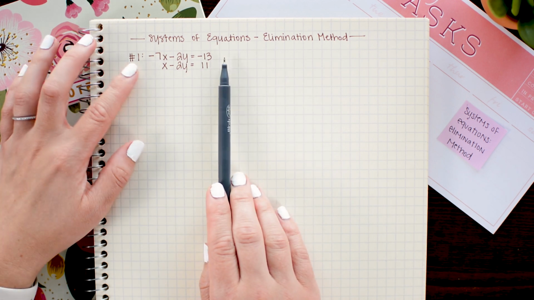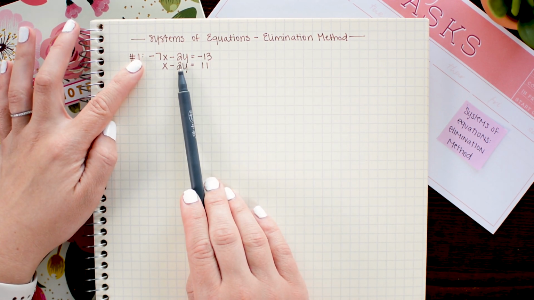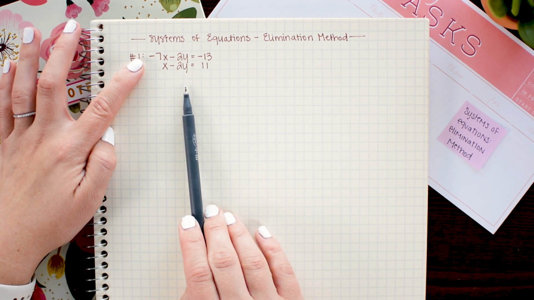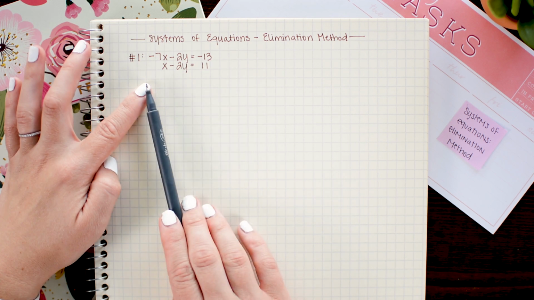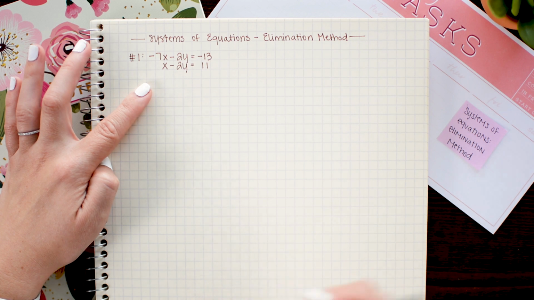Likewise, I could have also multiplied the first equation by a negative 1 so that this 2y became positive, which would add together with this negative 2y to equal 0. Really, either way is just fine. I, for some reason, like multiplying this second equation by negative 1, so that's where I'm going to start.